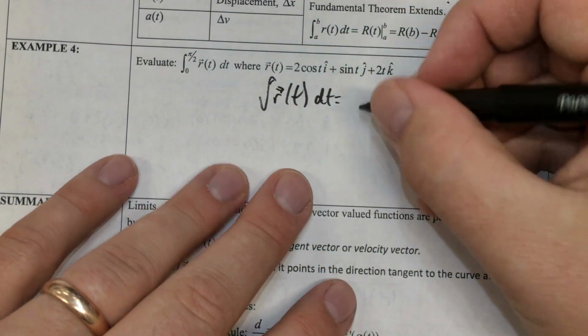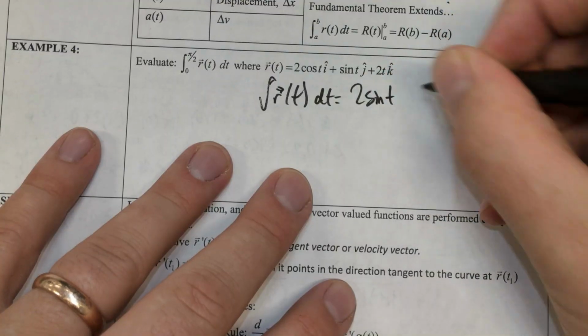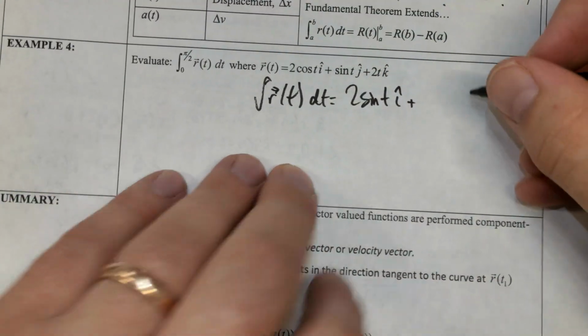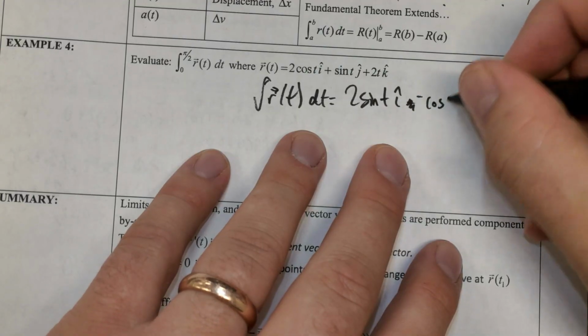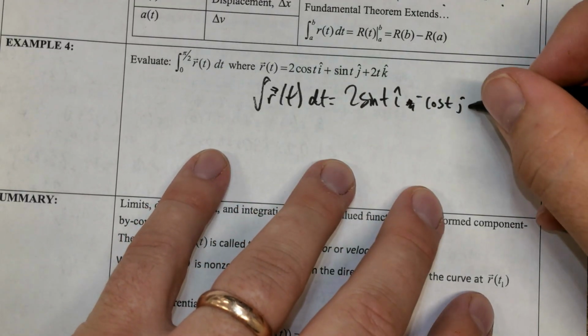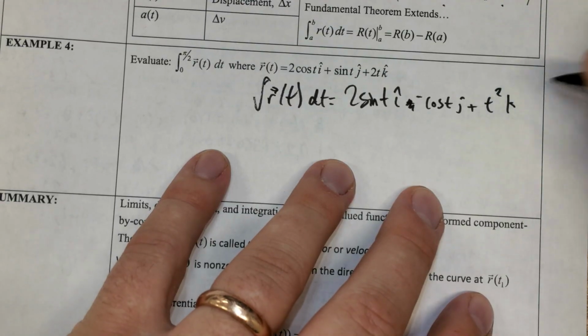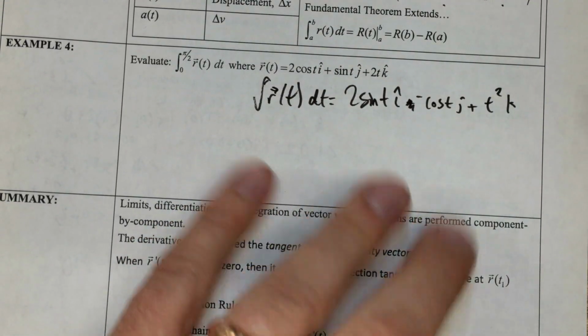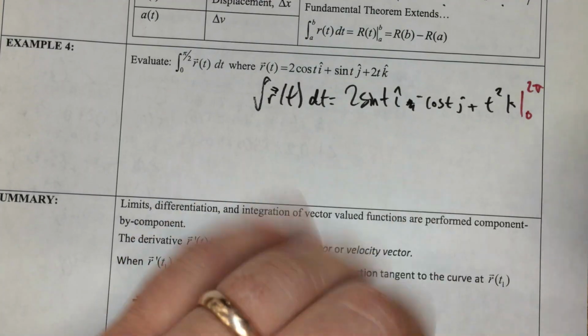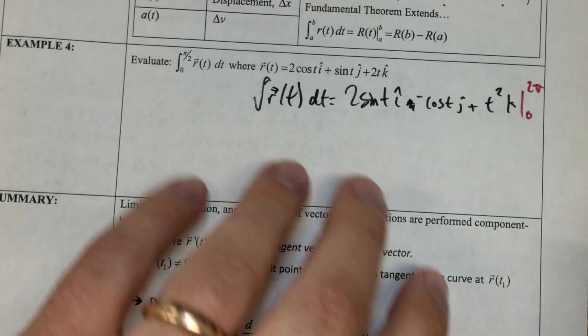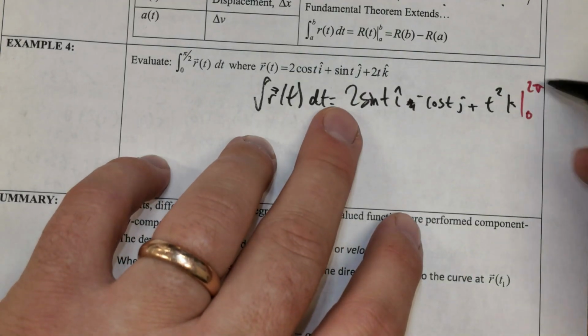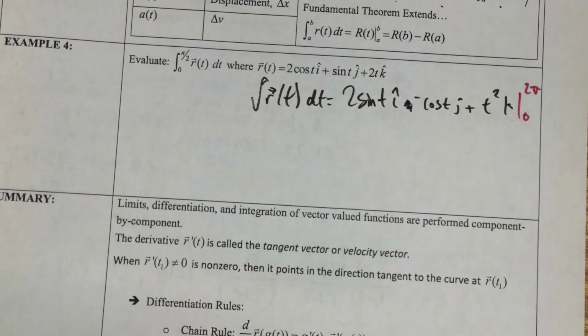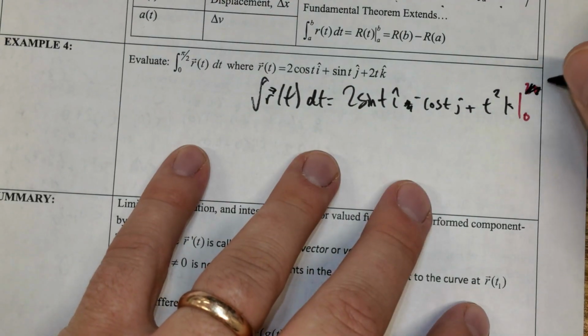dt. I'm just going to pop out all three. This is going to be 2 sine t i. This is going to be negative cos t j. This is going to be t squared k. And I'm going to evaluate all of these components from 0 to pi over 2.